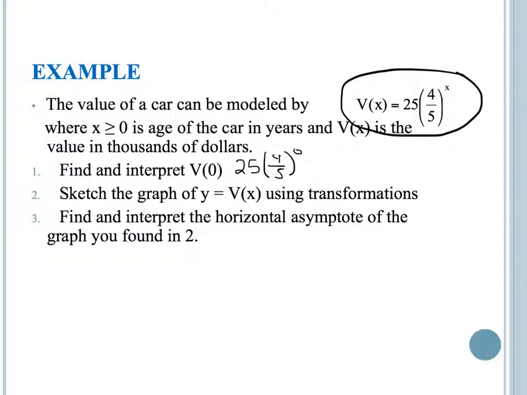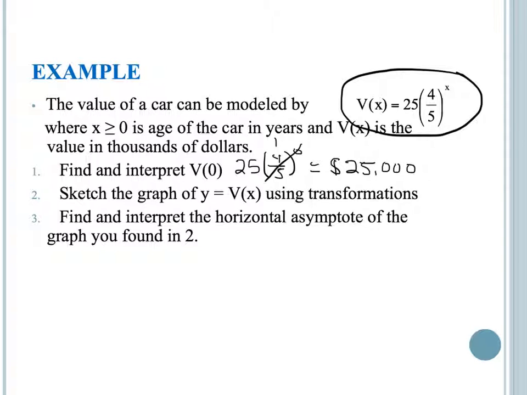Well, anything raised to the 0 gives us the number 1, so at age 0, year 0, this car is worth $25,000. So a brand new car is $25,000. That's my interpretation after I found it.